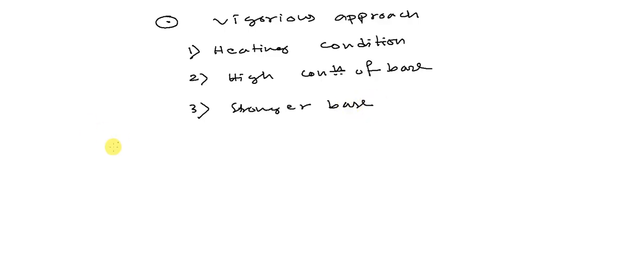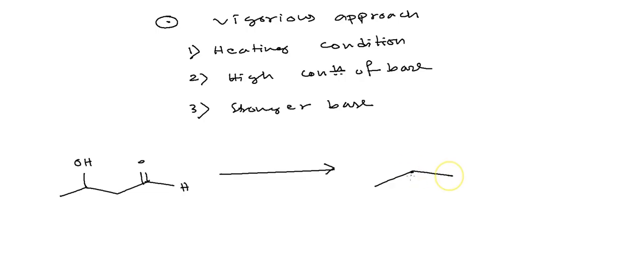In those cases, what will happen? The aldol product will not be the end product of the aldol reaction. This will get converted to form this alpha beta unsaturated aldehyde.